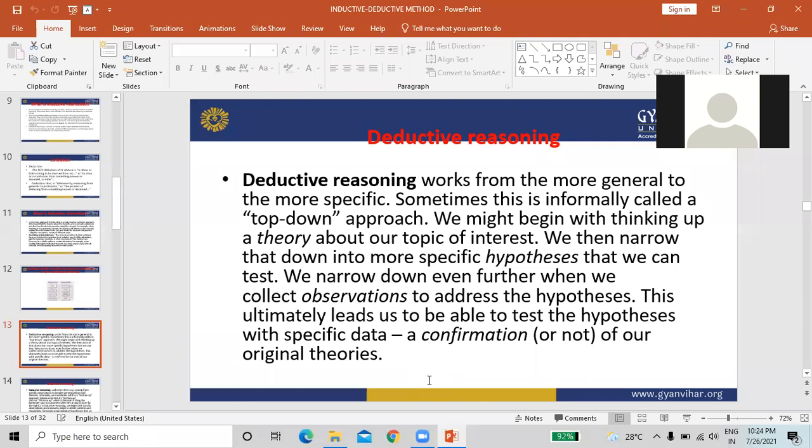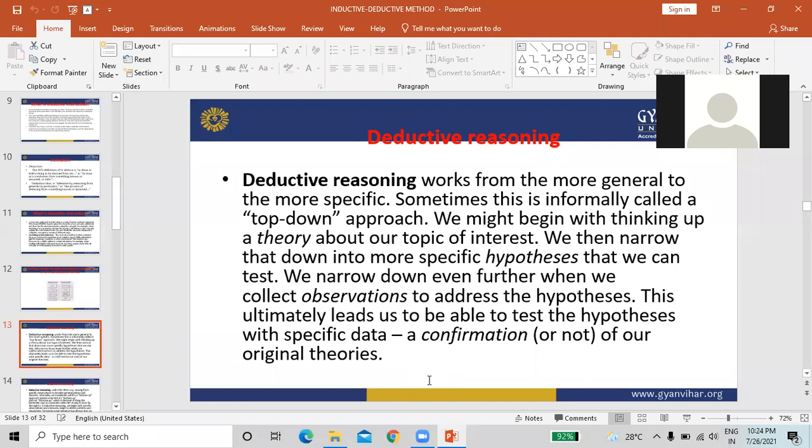We narrow down even further when we collect observations to address the hypothesis. This ultimately leads us to be able to test the hypothesis with specific data to confirm our original theory.